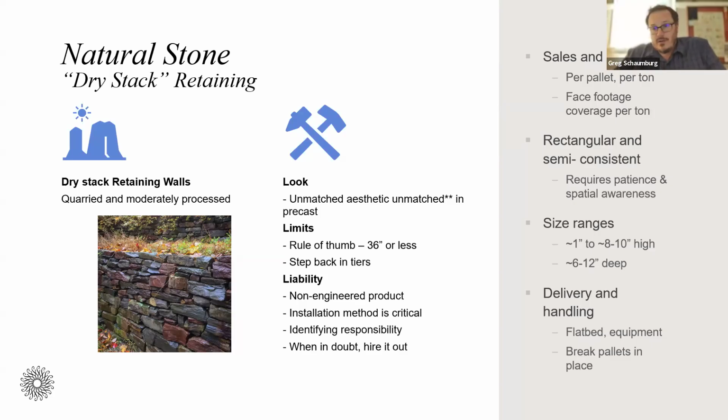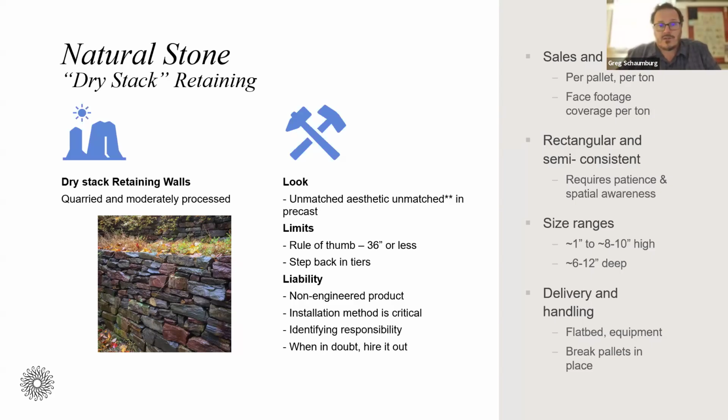It's quarried material, so it's going to be like what we talked about from the natural stone and the dry laid paving. It's going to be the same sourcing, but instead of coming up with smaller units and bigger, flatter pieces, we're going to come up with smaller stack pieces. And so they're going to be essentially the same volume, but squished down and probably a little bit taller. The look for a natural stone retaining wall is going to be in that same category.